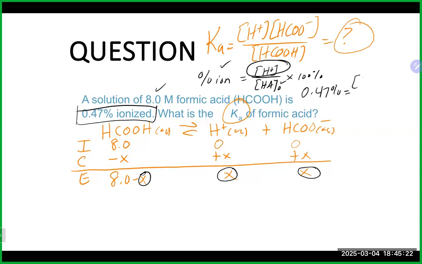That means we got 0.47% equals our H plus concentration over 8 molar, which was our initial concentration, times 100%. In this case, we're going to multiply the 8 to the other side and divide by 100.